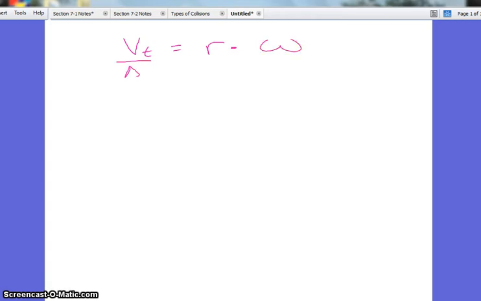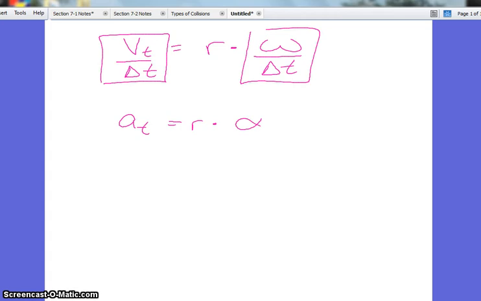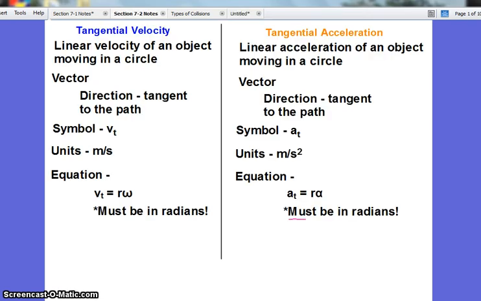If I divide this by the time, how much my velocity changed over time, my tangential velocity, that is defined as my tangential acceleration. But if we divide by time on one side, we must divide by time on the other. So this here is my angular acceleration. But remember that to use this equation, we had to be in radians. So therefore, in our new equation, we must be in radians as well.